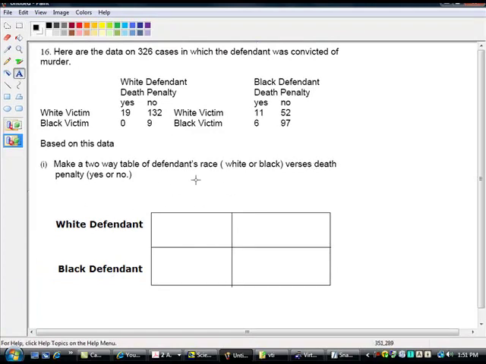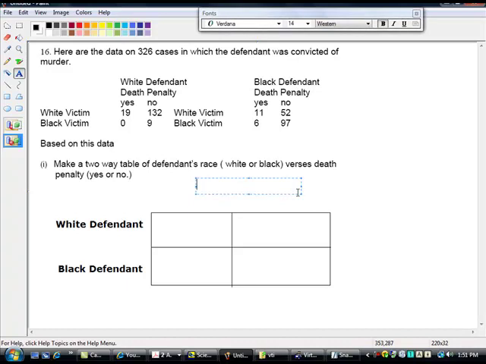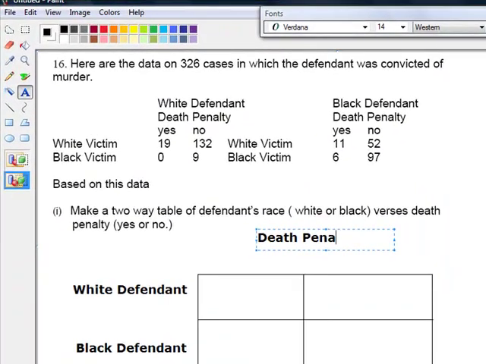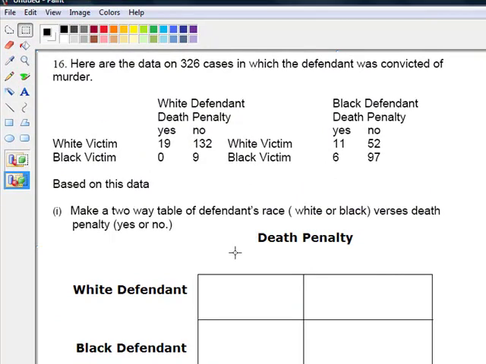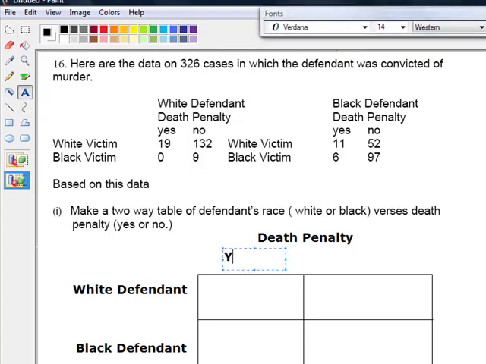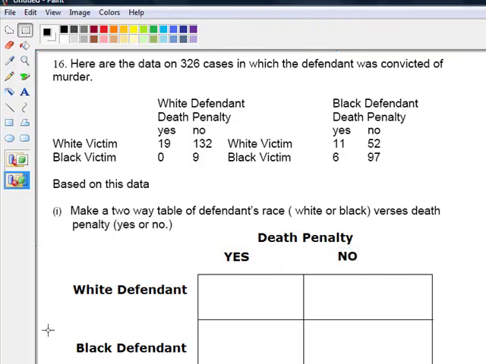And then they're saying versus the death penalty, right? Yes, and here what we got? No. Makes sense? Good.